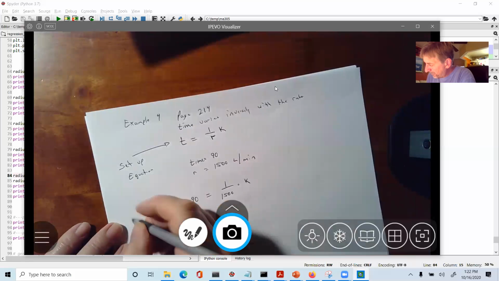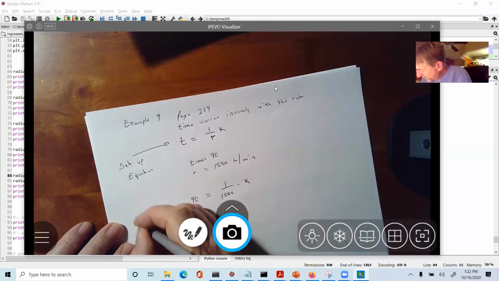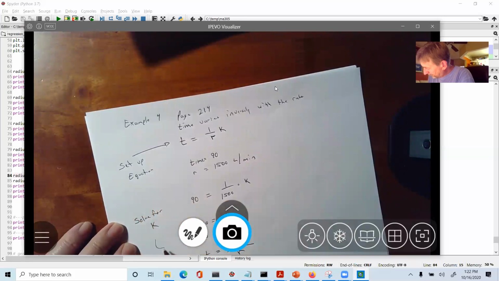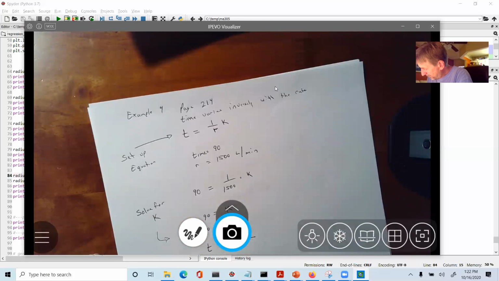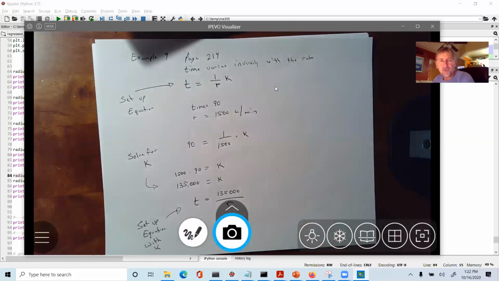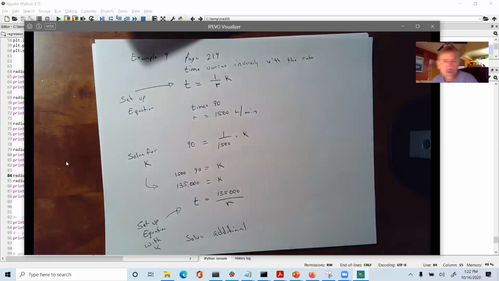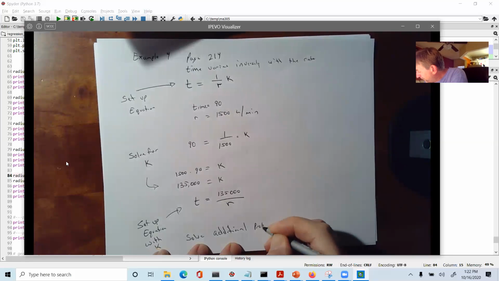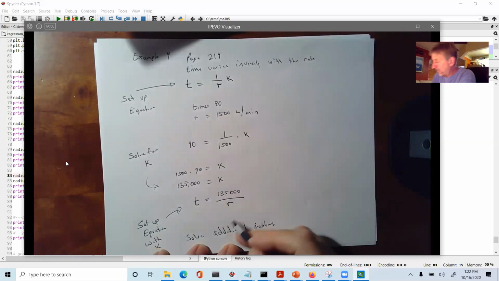Two, we're going to solve for k. Then we're going to set up the equation with k. So basically we're going to substitute k back in. And then we're going to solve additional problems for that k in that relationship.